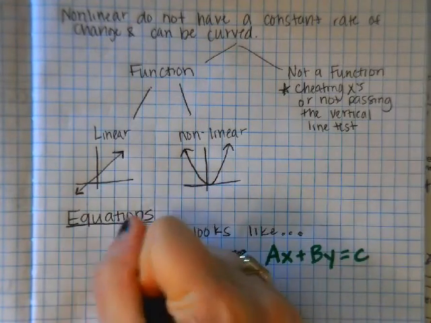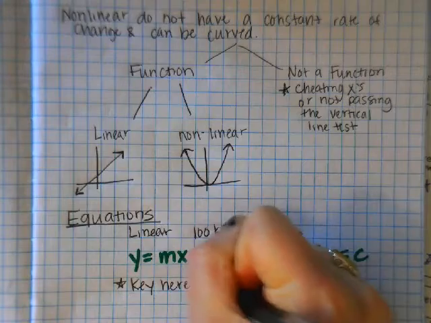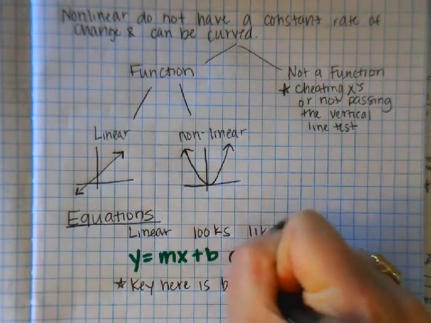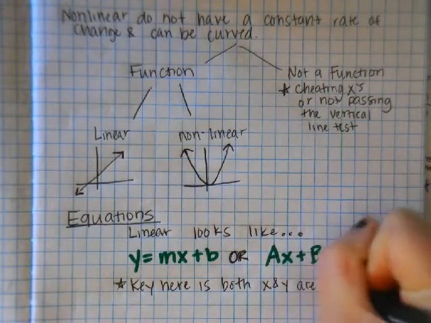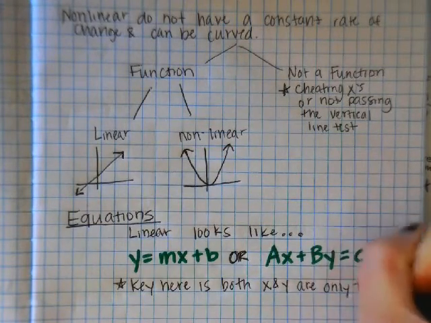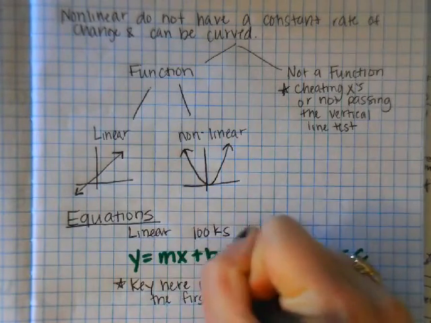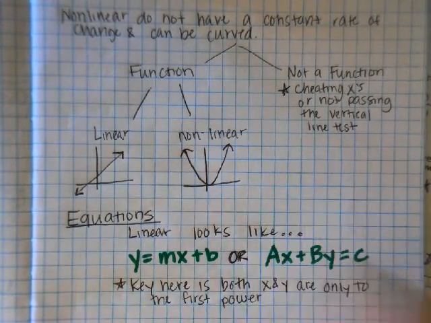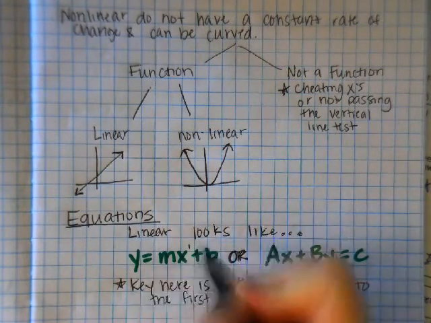The key here is both x and y are only to the first power, right? Remember, anything that doesn't have a power on it, you could put a little power 1.